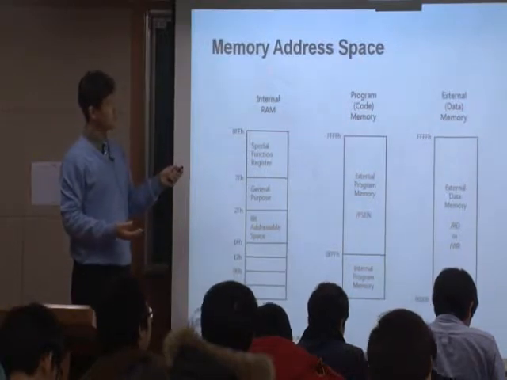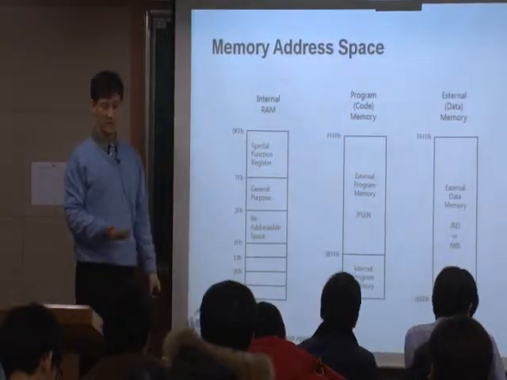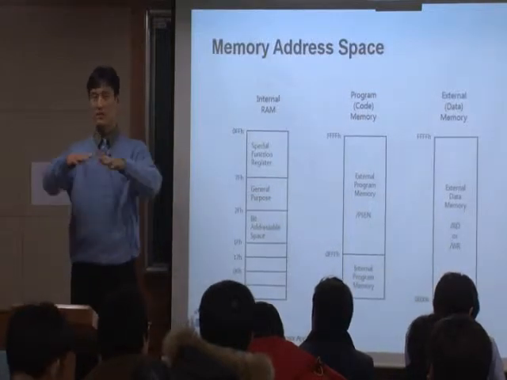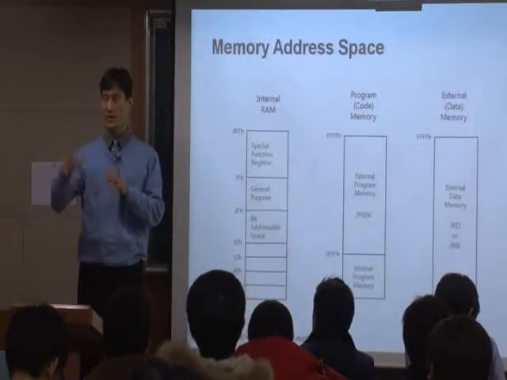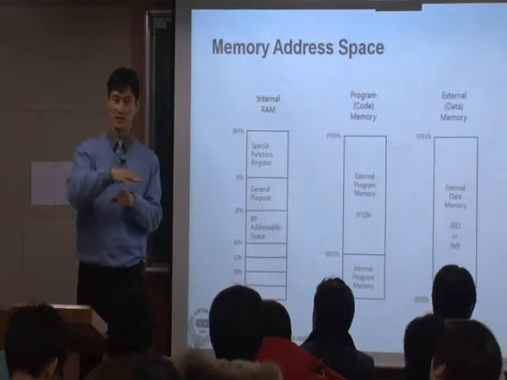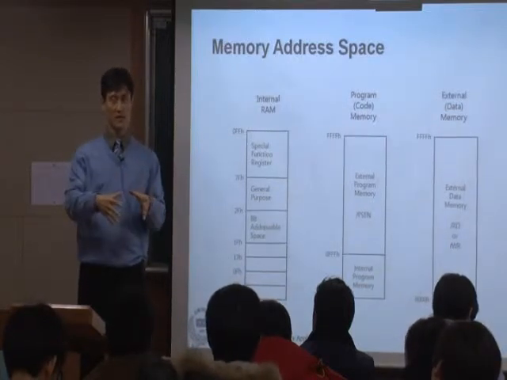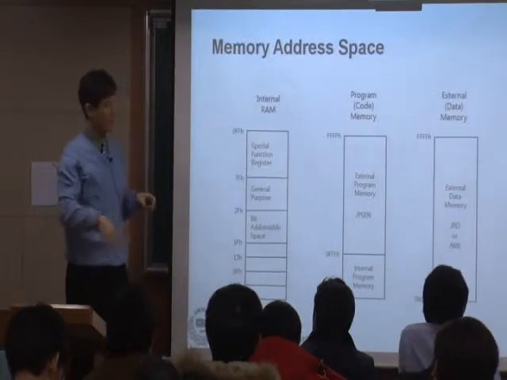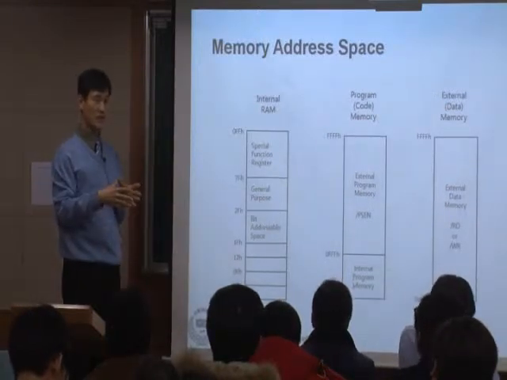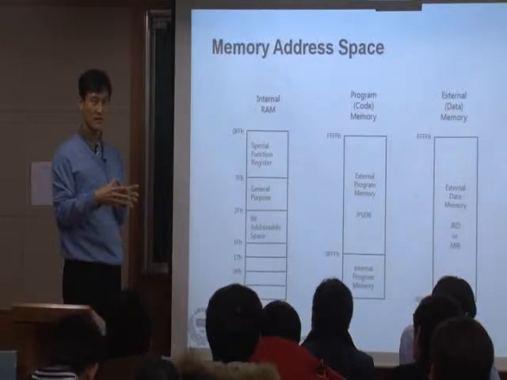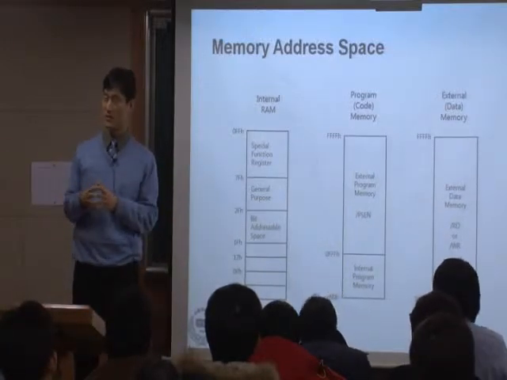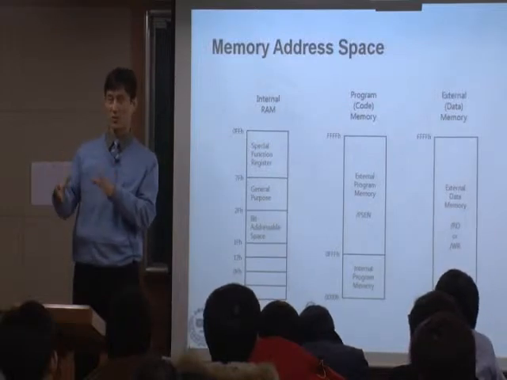What is an address, by the way? Here's an easy illustration. Let's think about our campus. In our campus, we have so many different buildings, and each building has a different address. Actually, in our campus, we have different names, like engineering building 1, 2.